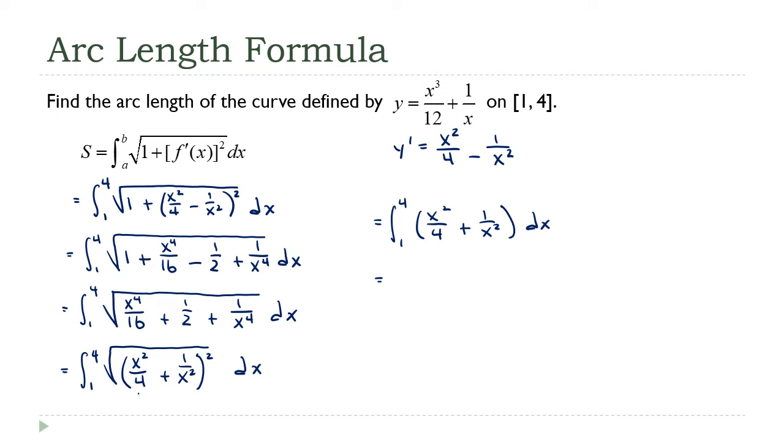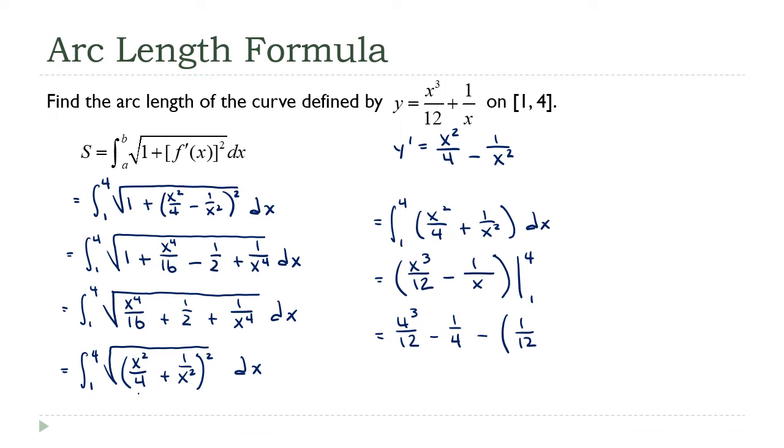This is the integral of x to the 3rd over 12 minus 1 over x evaluated from 1 to 4. I'll put these numbers in. This is 4 to the 3rd over 12 minus 1/4 minus 1/12.